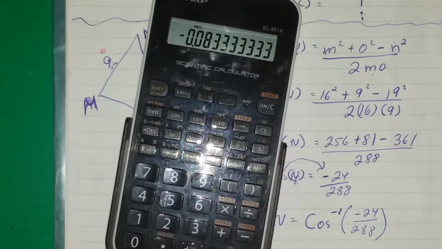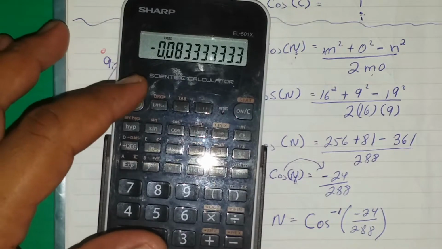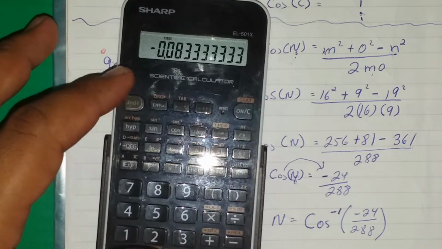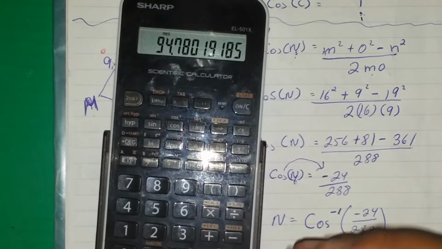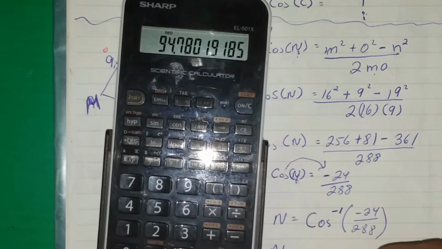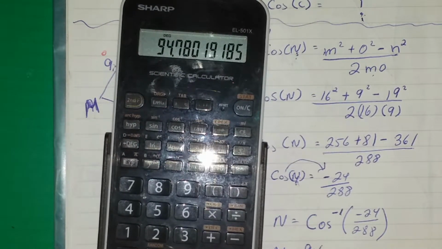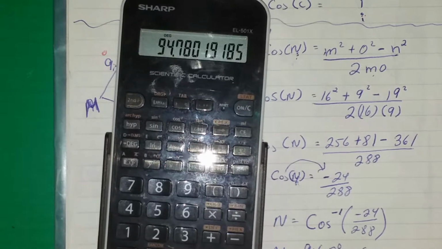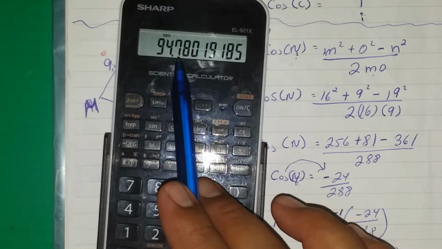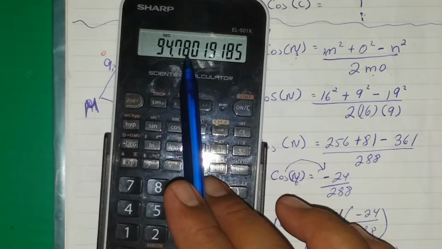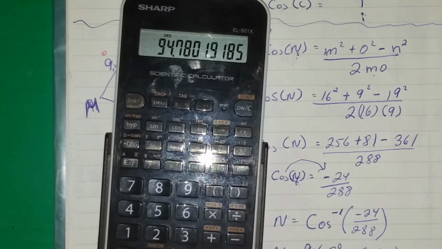I cannot give an answer like that for an angle or a side, so what I need to do is press the second function, and then I get that my angle N is going to be 94.8 degrees, to 1 decimal place, because I just choose the first decimal, which is the 7, and because the one that followed is an 8, I added 1 to this, and that became an 8, right?